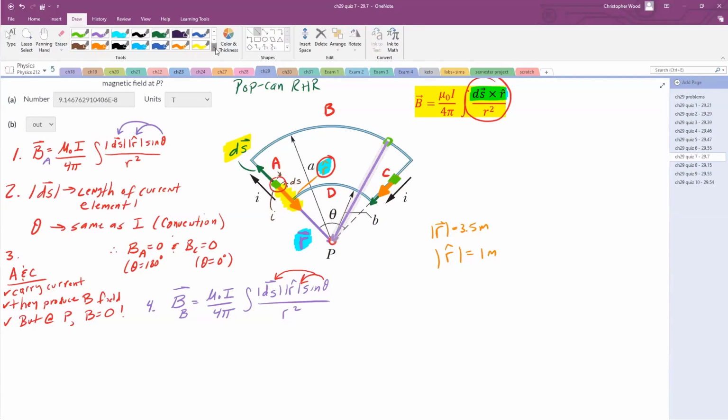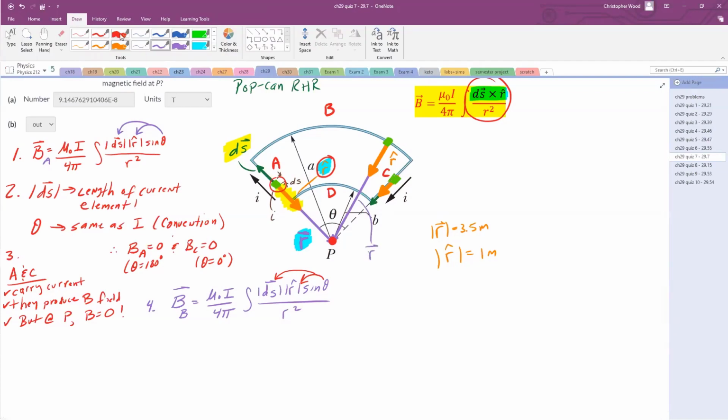The unit vector is the same as the position vector, just unitized. So that's my unit vector, r hat, and this is my position vector, r vector.